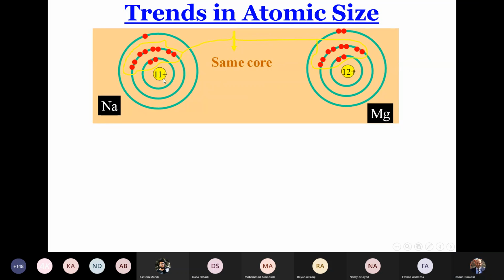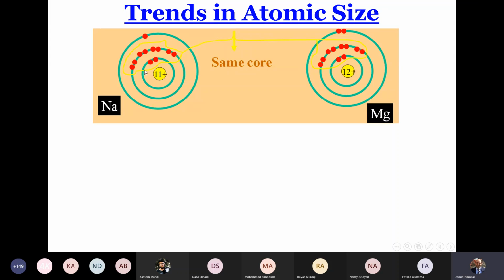First, in sodium, we have 11 protons. In magnesium, we have 12 protons. In sodium, we have 10 core electrons. In magnesium, we have the same number of core electrons, 10. In sodium, we have 1 valence electron. In magnesium, we have 2 valence electrons.